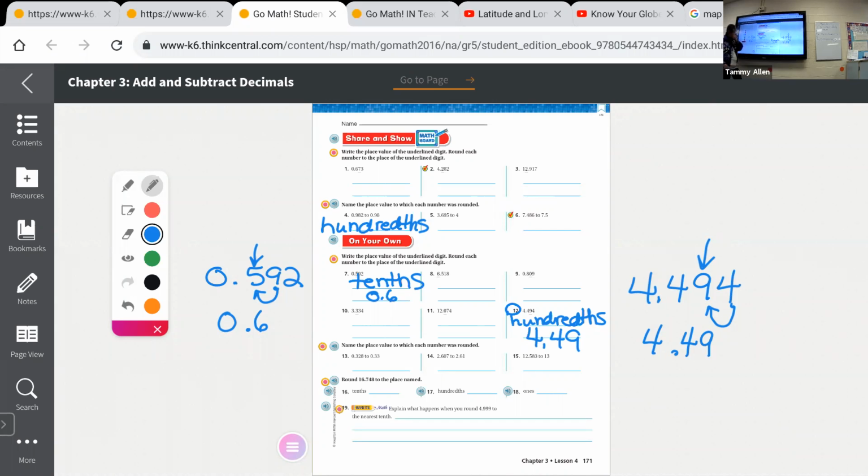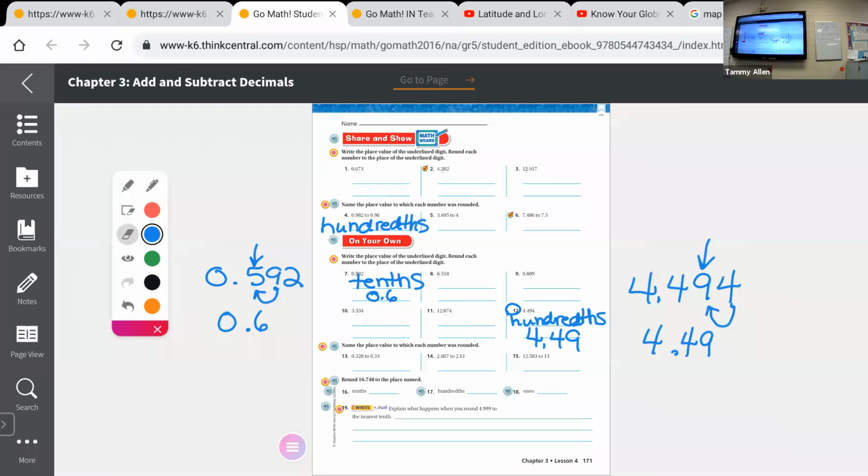Because if we want the number to be 440, I have to have a 0 here to keep it as 440. Does that make sense? Okay. Anything else? Anybody? Yes. Jonathan, question? Okay. All right.